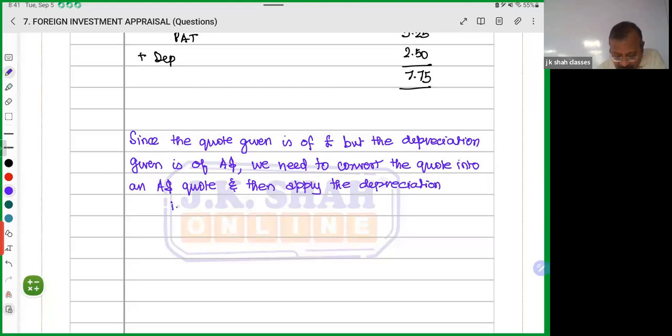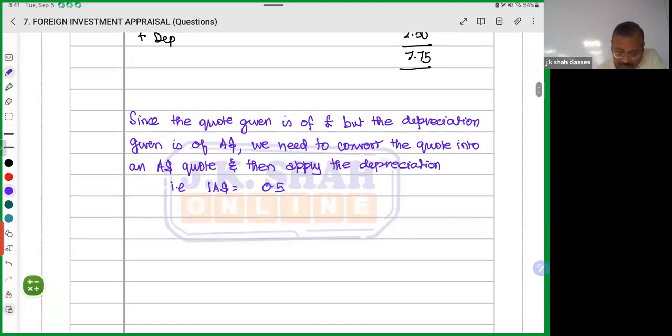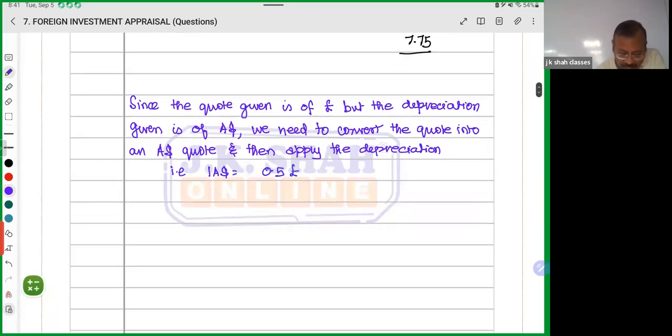That is 1 Australian dollar equals to 0.5 pounds. Therefore, rate for 1 year is 1 Australian dollar equals to 0.5 minus 10%, 0.45.